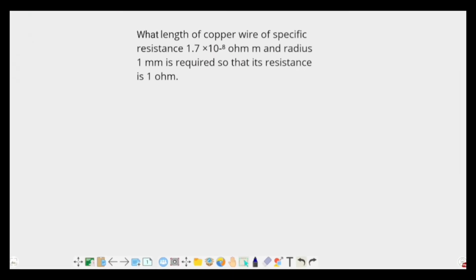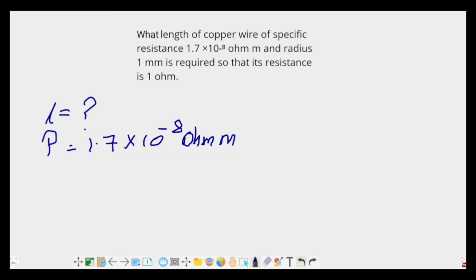Now students, let's solve one more sum. What length of copper wire, means length is asked, of specific resistance 1.7 into 10 raised to minus 8 ohm meter, and radius 1 millimeter, is required so that the resistance is 1 ohm?